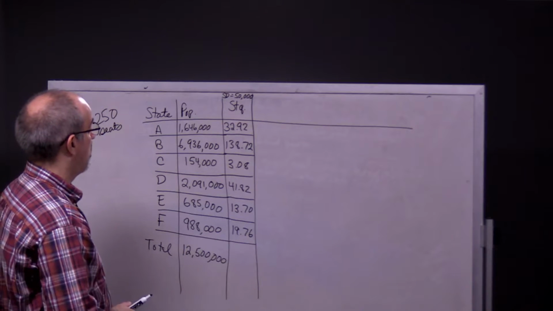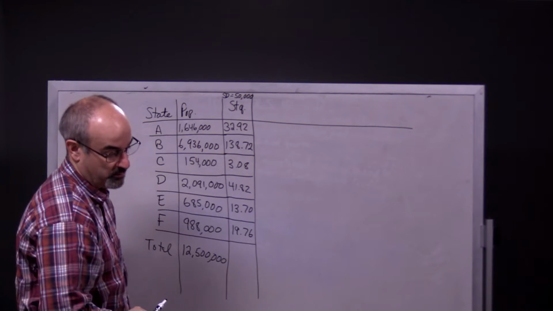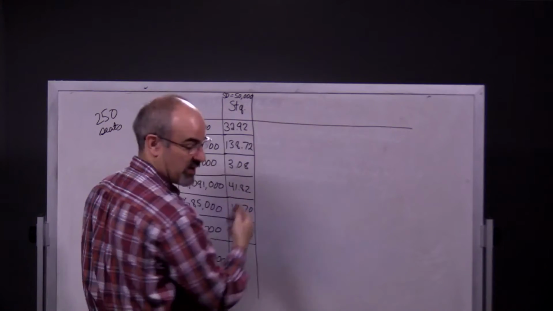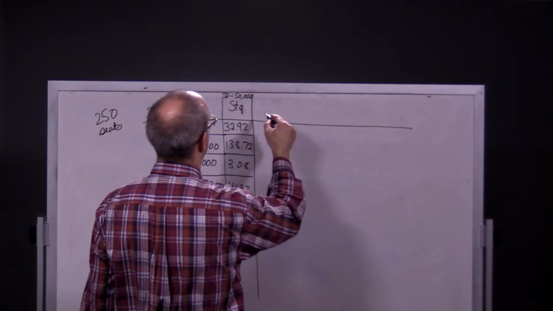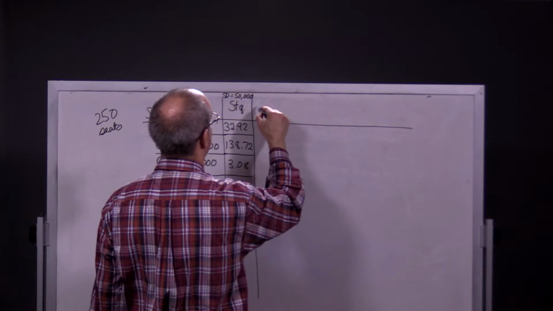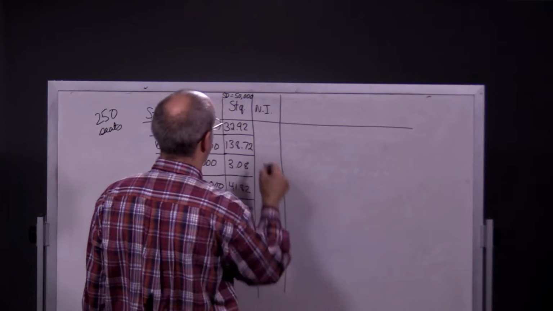So using the standard divisor, we found each state's standard quota. Now, remember, Webster's method is going to use conventional rounding. So when you round to the nearest integer, let's just write NI, nearest integer.